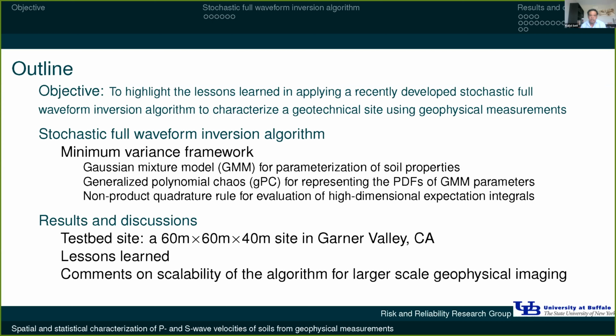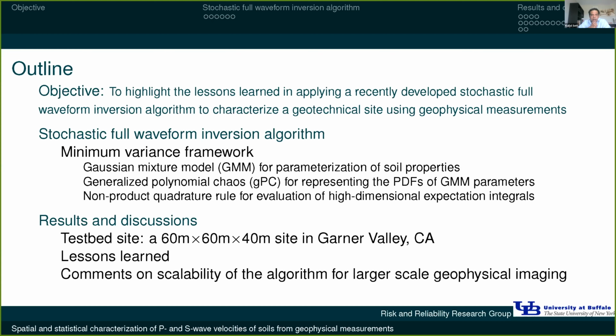These components are a Gaussian mixture model for parameterization of soil properties, a generalized polynomial chaos approach for representing the PDF of these GMM model parameters, and a non-product quadrature rule for evaluation of high-dimensional expectation integrals.